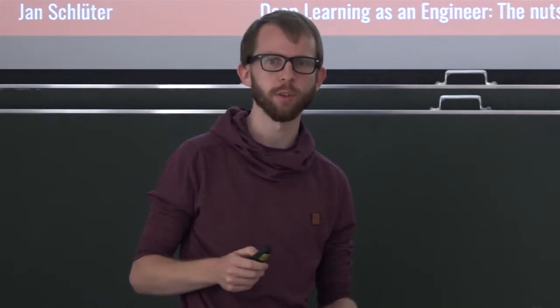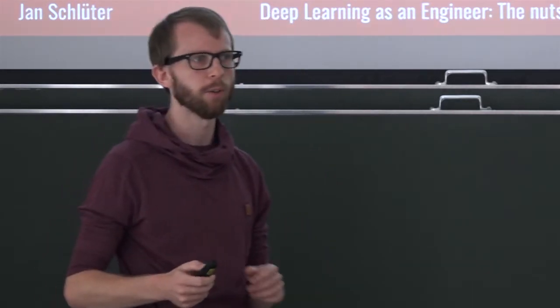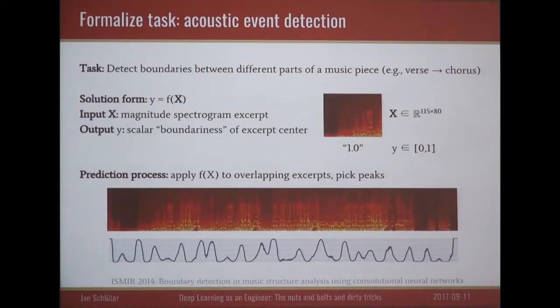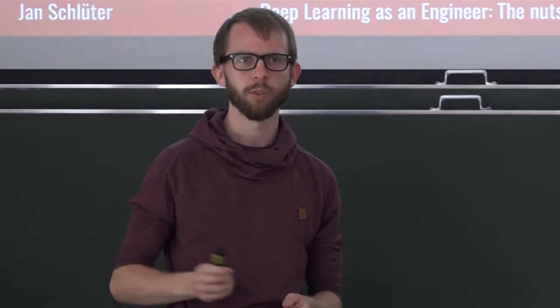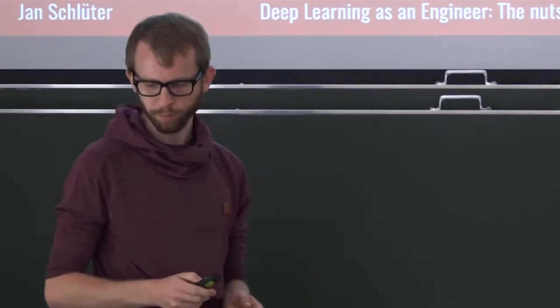So again, a value between 0 and 1: 1 if there's a clear boundary, 0 if there's no boundary. And once we have this function, we can apply this at every position in the input that we want to predict boundaries for. And we get a curve like this, and we can pick peaks in this curve to get the most salient positions of boundaries.